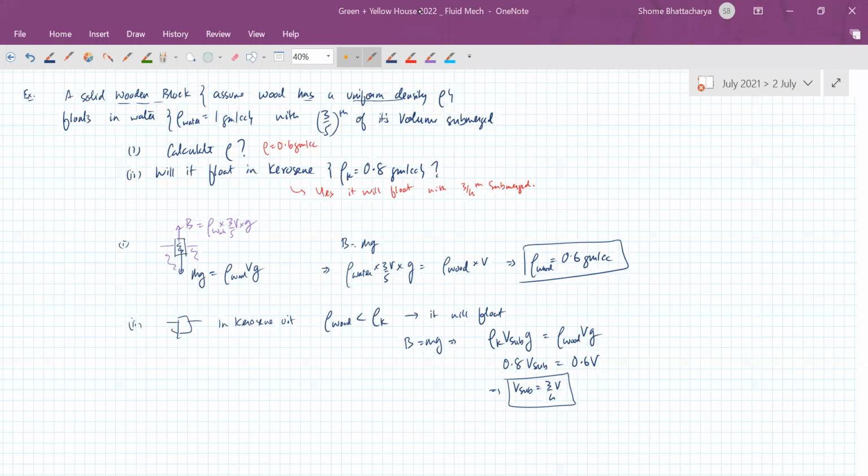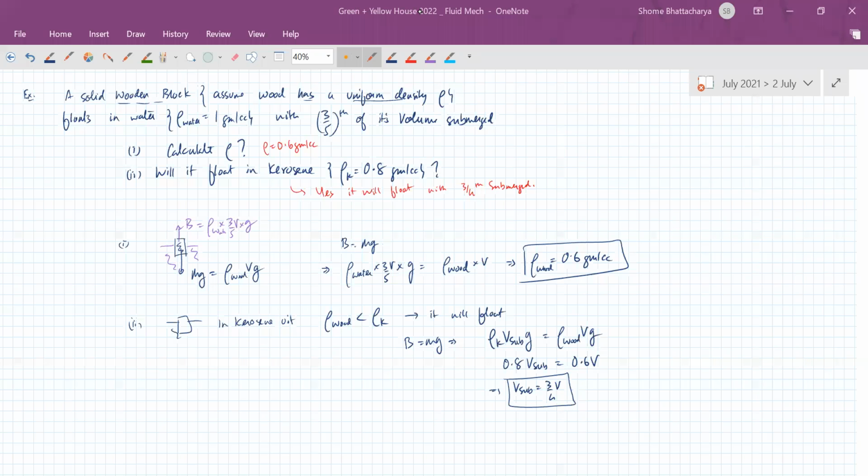Sir, what I had done is, I just basically used the previous formula, that is buoyant force is equal to mg, and I got the value of mass as m equals 3 by 5 into volume of water.